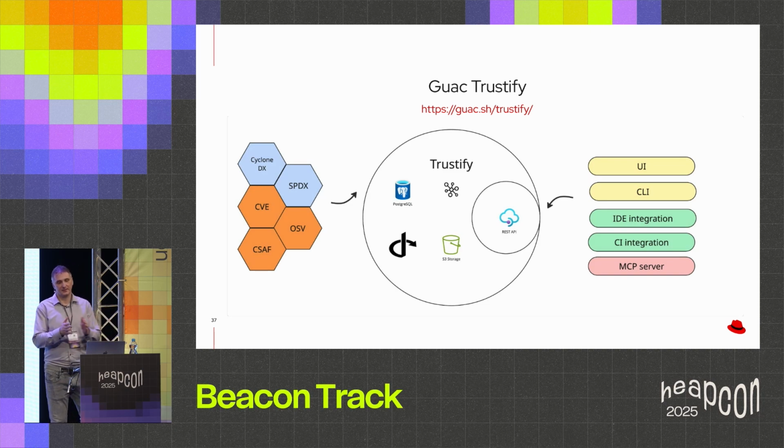The whole idea in software supply chain security is to shift things left, so we find these things as early in the development process as possible.